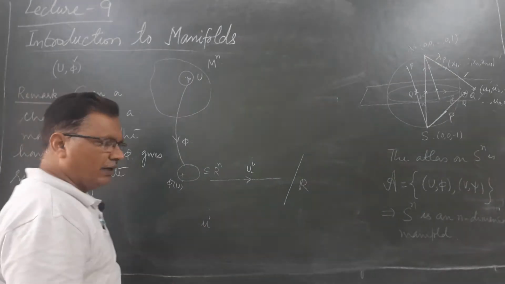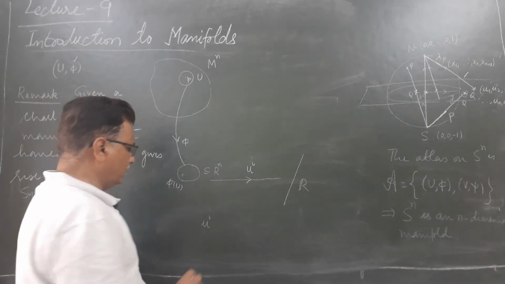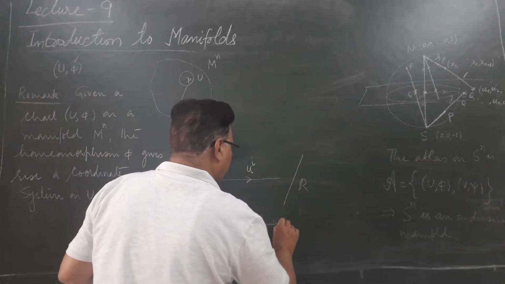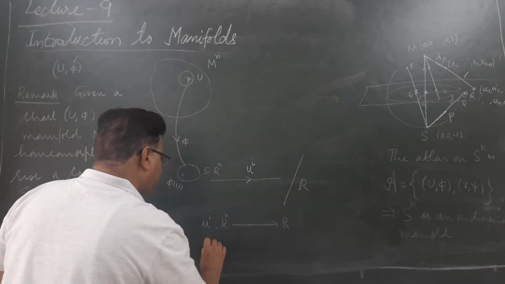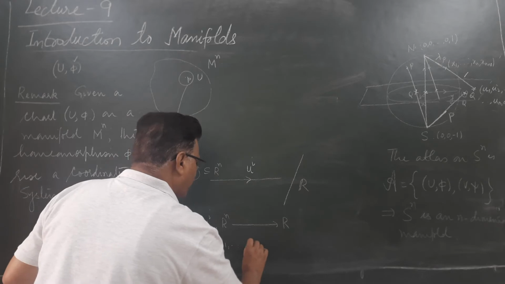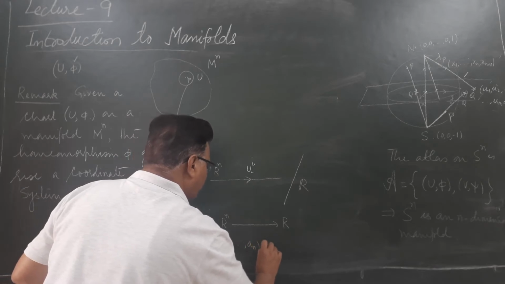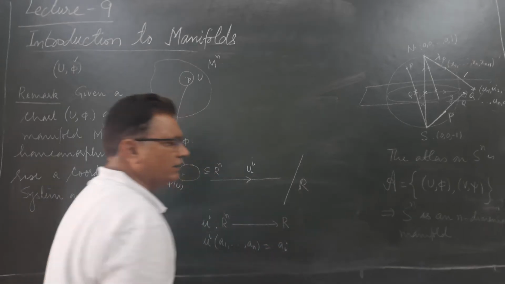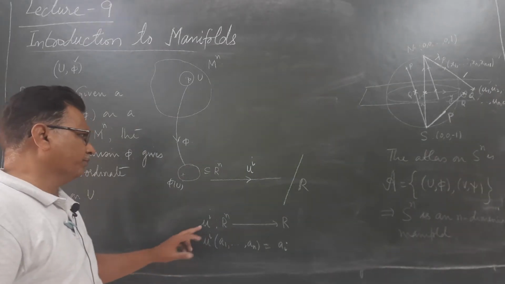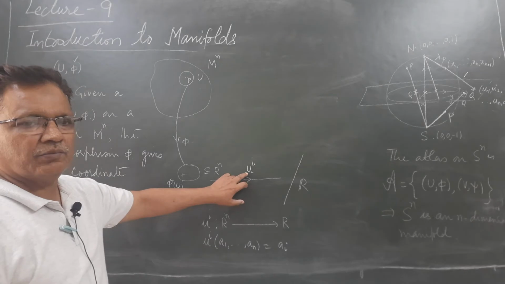Coordinates of Rn are continuous functions, and they are maps from Rn to R, defined like this: ui operating on (a1, a2, ..., an) will give you ai. The ith coordinate behaves like this.